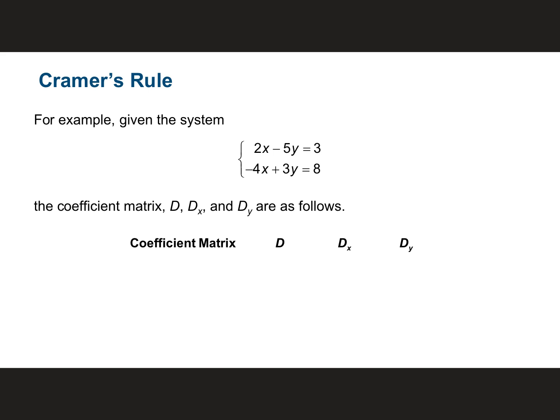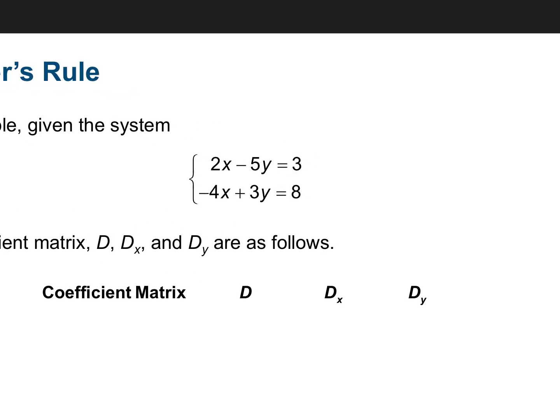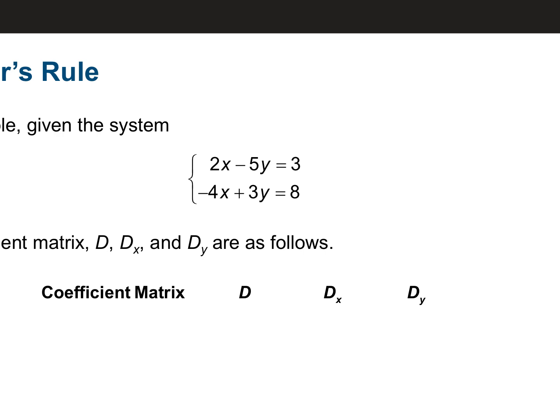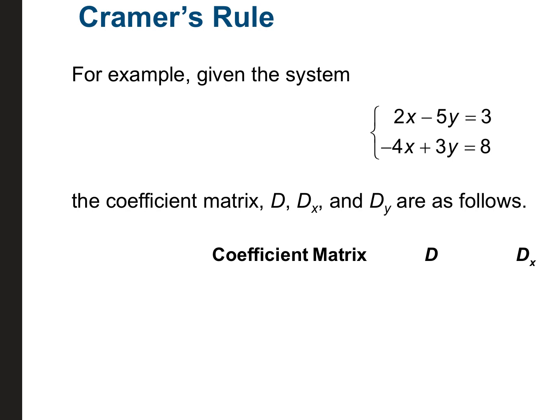So what does this mean? If we're working with the system 2x minus 5y is equal to 3, negative 4x plus 3y is equal to 8, this is going to give you a D matrix of 2, negative 4, negative 5, 3.